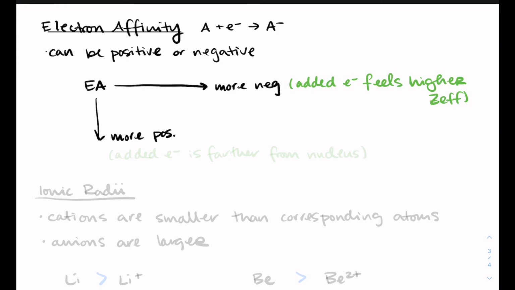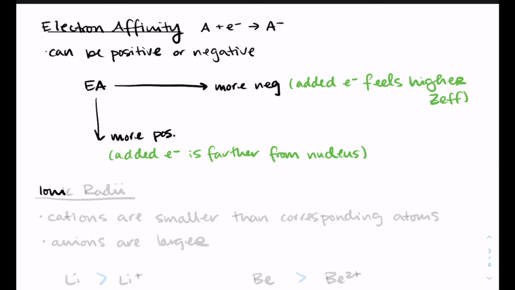We tend not to talk about second electron affinities in terms of trends. It doesn't necessarily help us figure anything out about the atom, though there will come a point at which we might use a value for a second electron affinity. We're just not going to have to worry about it with the trend.